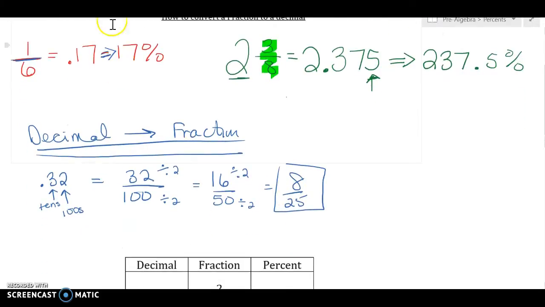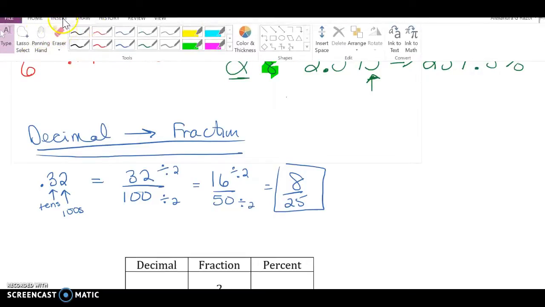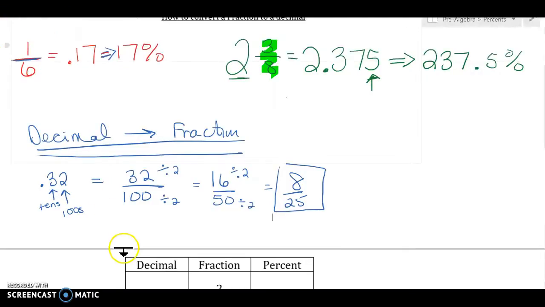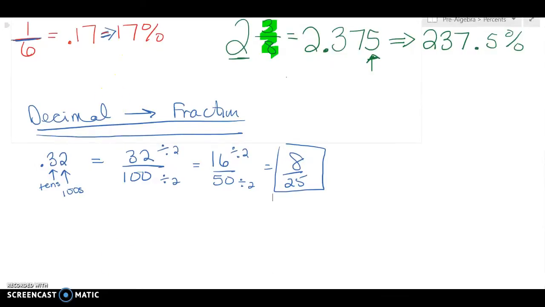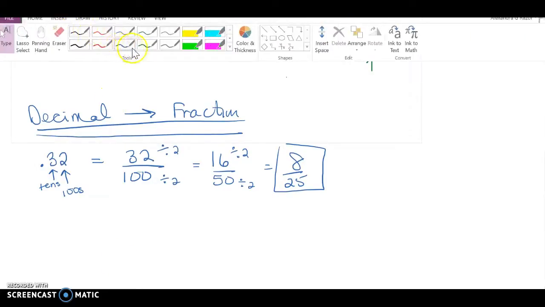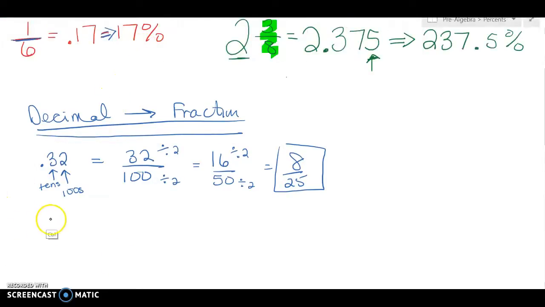All right, let's do another one. This time I'm going to have a whole number too, so it's going to be a mixed fraction. Let's do 4 and, oops, it's supposed to be a decimal. So let's do 4.08. So I know that my whole number's 4, but then I have to figure out what goes here.